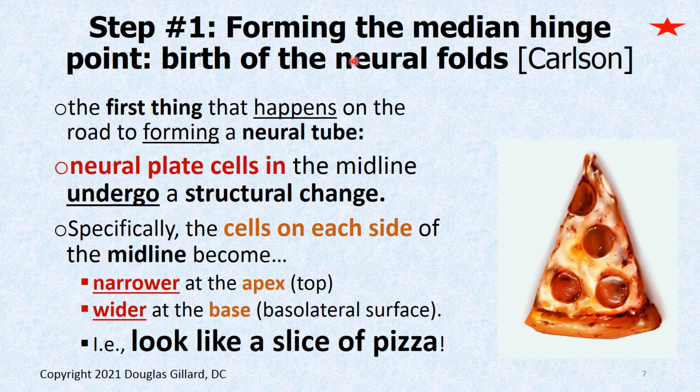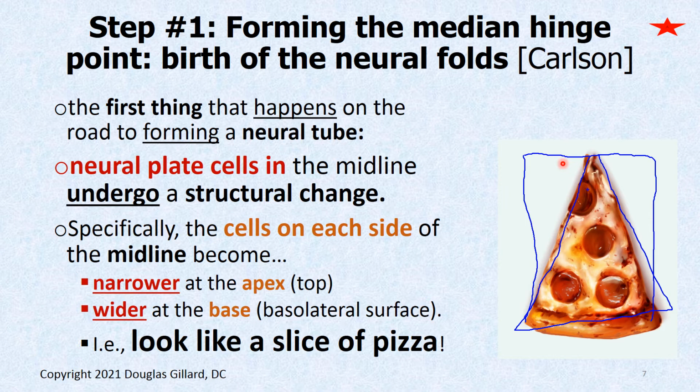But the very first thing to happen is the cells of the neural plate, which were cuboidal in shape, undergo a transformation and at the apex become very pointed, like a triangle shape or like this pizza here.